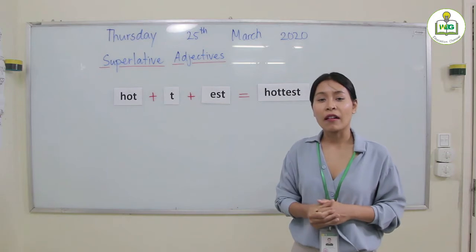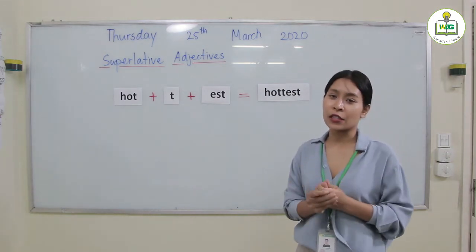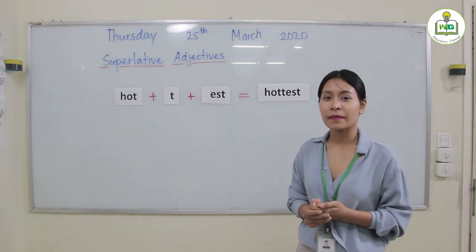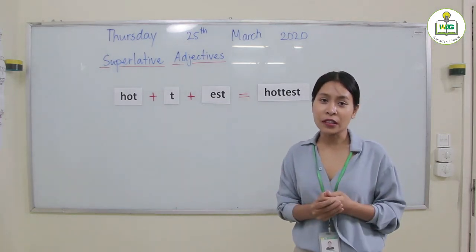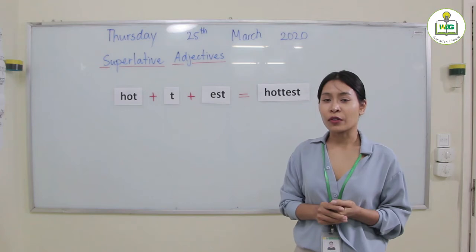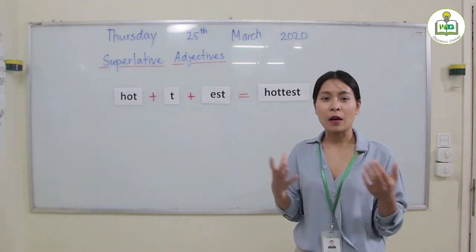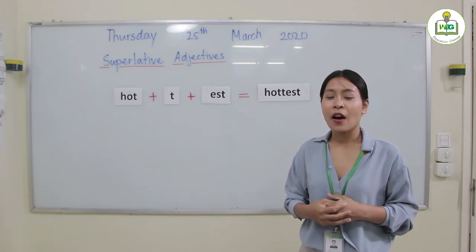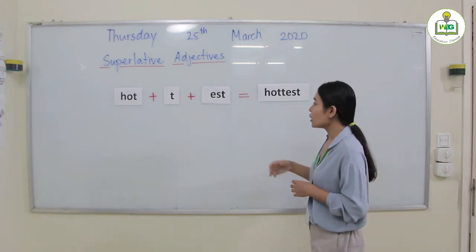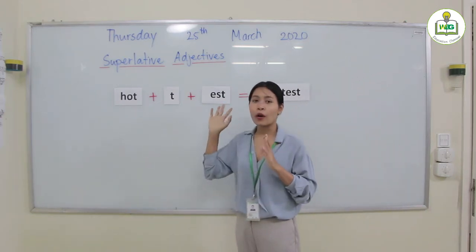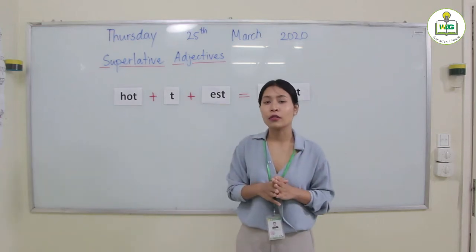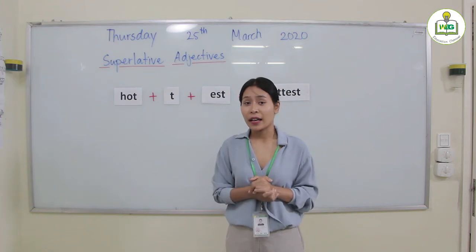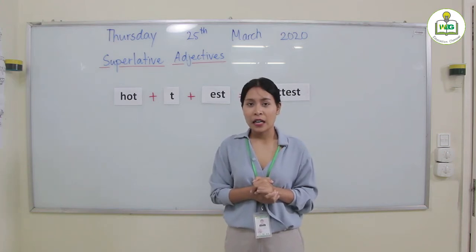Now, can you think of a sentence using the word hottest? For example, this room is the hottest room among the other rooms in this school. If you look at all the forms and rules of superlative, it doesn't have the word "than".